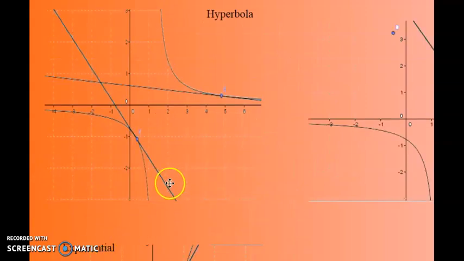Let's look quickly at hyperbolas. If I look at this hyperbola, there is a tangent. So the slope of this tangent compared to this tangent won't be the same. Although it's the same graph, the intersection is at two different points, so the slope won't be the same.